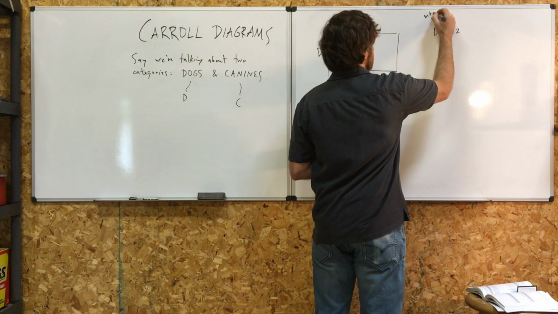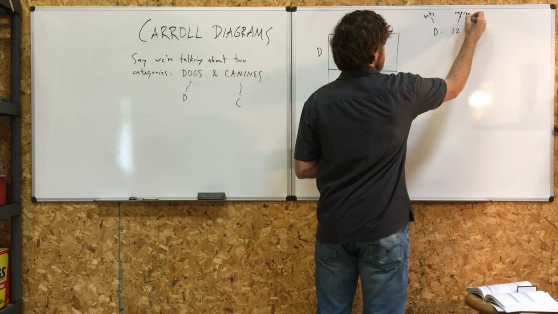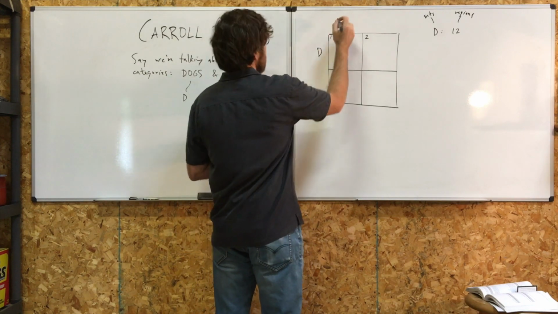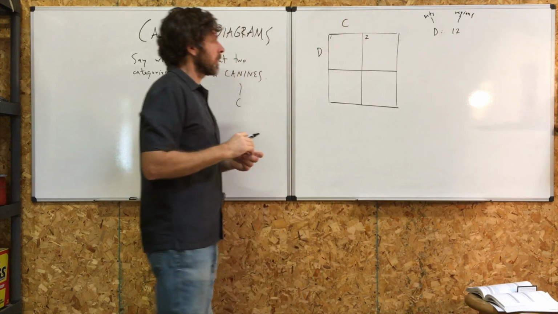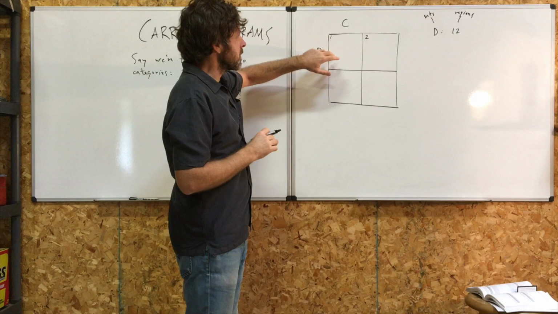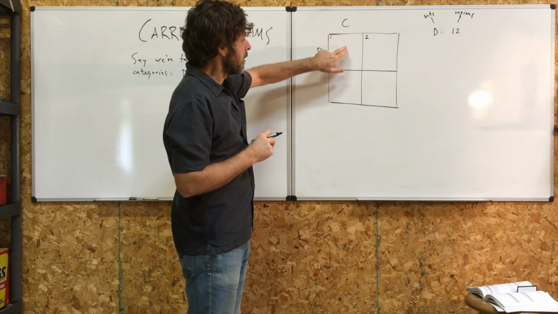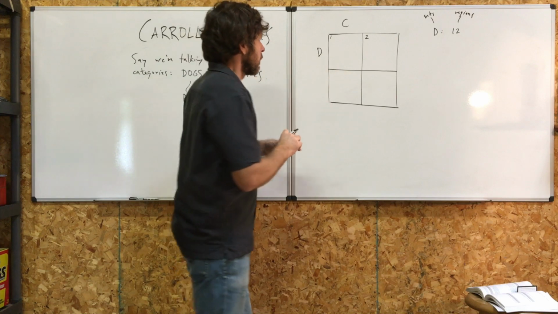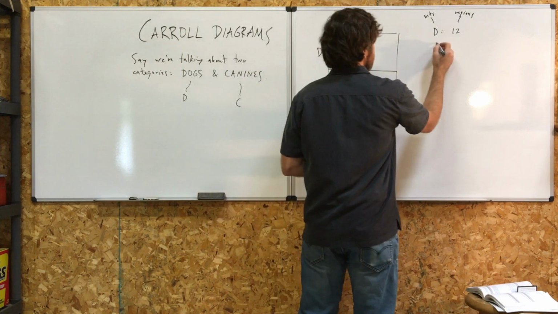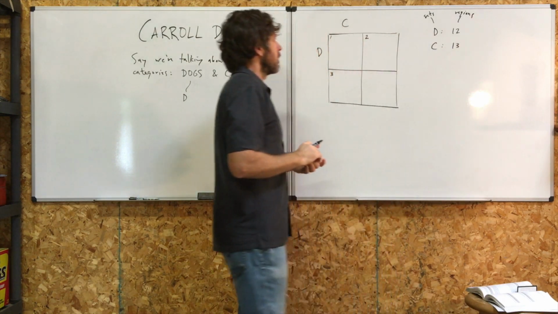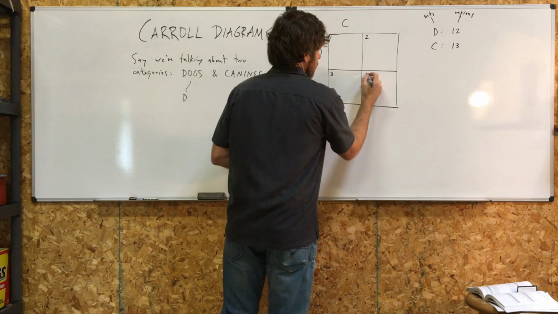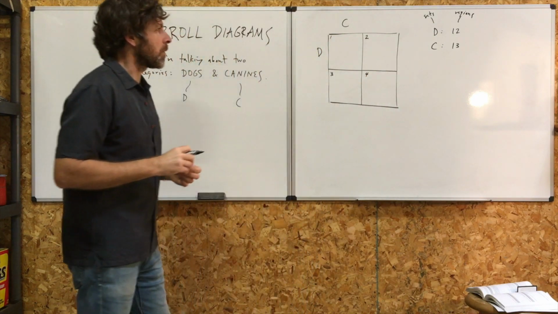Now, let's take canines. Canines will be represented vertically by these 2 squares, regions 1 and 3. There is a 4th region here. Let's call that 4.